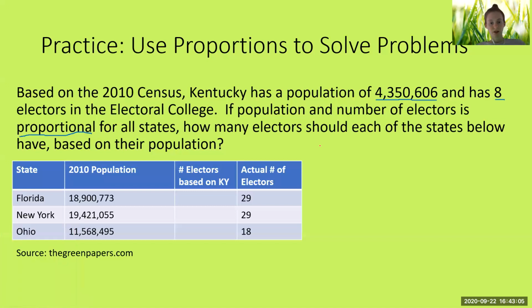So in this problem, I'm going to first set up my proportion. I'm going to start with the first state, Florida. So I set up my proportion. I am comparing electors and population.